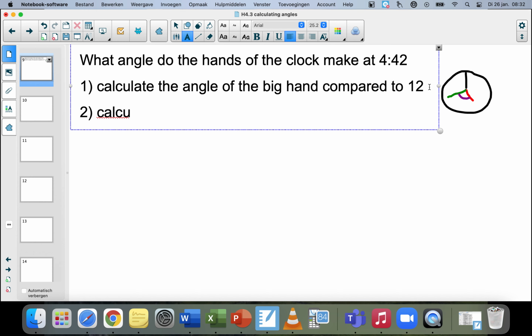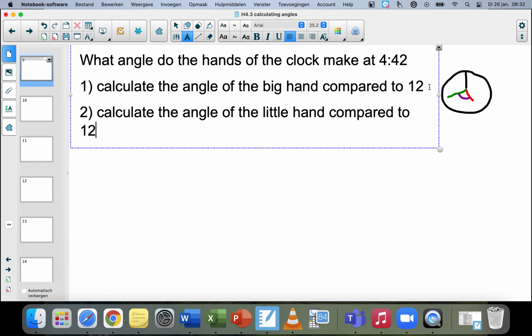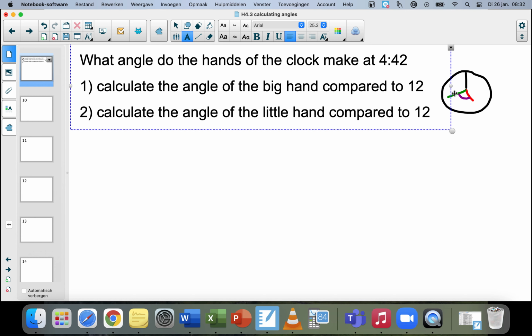So compared to the top, compared to pointing at the 12, we calculate where it is now. And the next step is to calculate the angle of the little hand compared to 12. Naturally, we can reverse these steps. It doesn't matter which one we calculate first, but we do have to do them both separately.